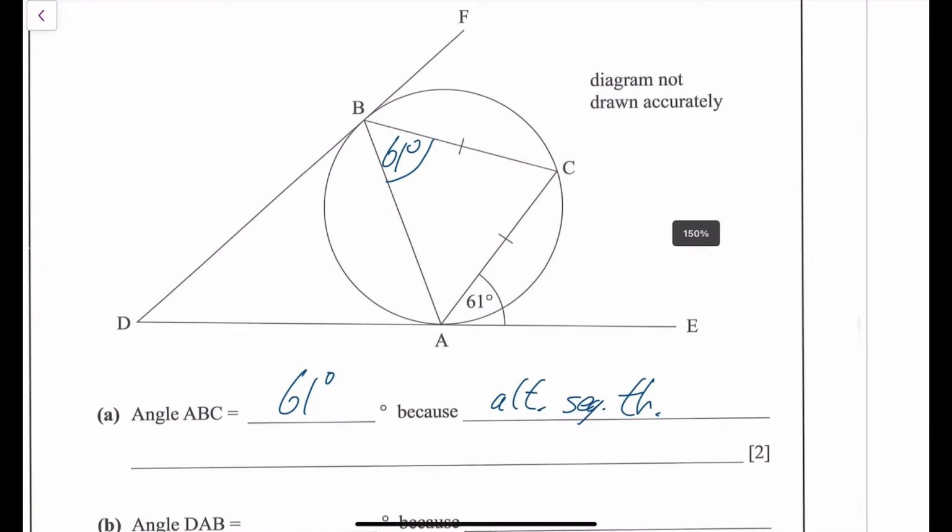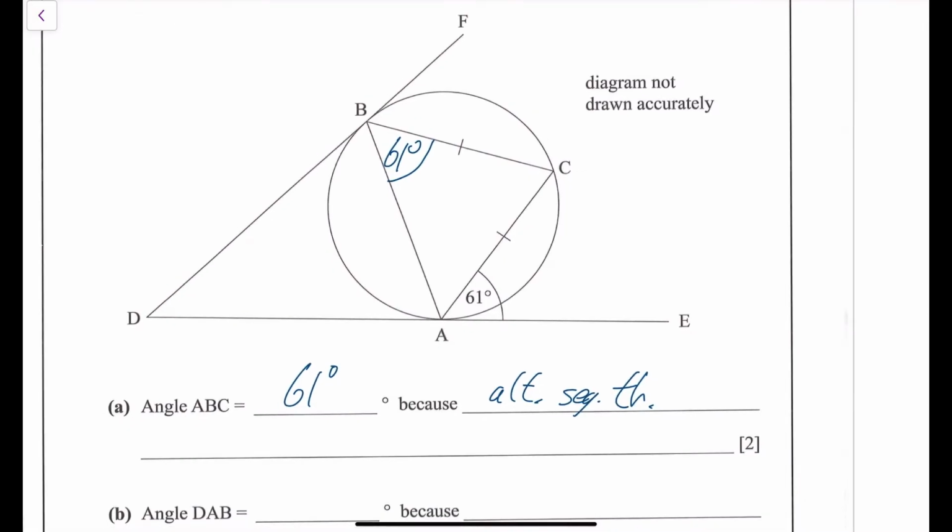Next one is DAB. Where is DAB? DAB is in here. I have to find this. Okay, a bit of work to do. Because this is an isosceles triangle, this will also be 61 degrees, which means this angle is going to be 180 minus 61, which works out to be 58 degrees.